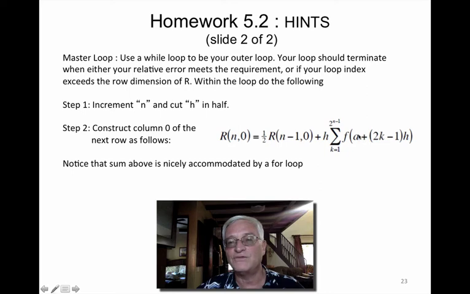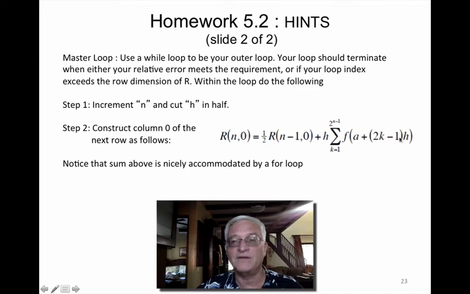Let's see which 2 values I get. I get 2 times 1, k is now 1, minus 1, so I'm taking 1 times h, but h has been cut in half. h is now 1/4 of what it was to start with, so I'm moving up from a by 1/4 of the original h.